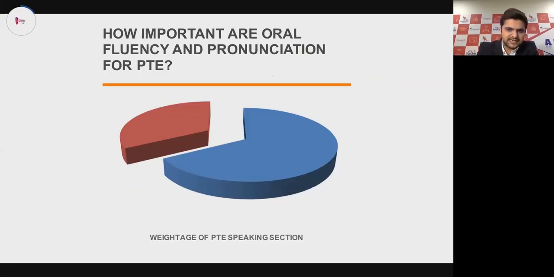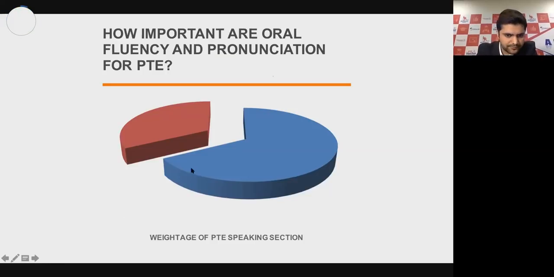And since there are a lot of tasks in the speaking section that are integrated to other sections, if you are performing well in the speaking section, that also affects the score of your listening and reading sections. So the better you perform in the speaking section, the better your score goes for the listening and the reading sections as well. So how important is oral fluency and pronunciation within the speaking section? How much does it contribute?